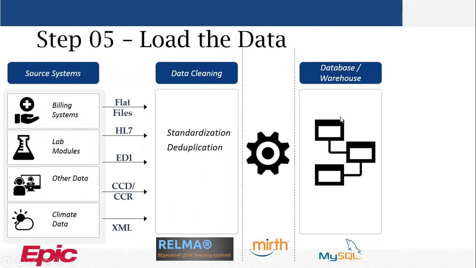You can think of this as different tabs within one Excel sheet. Within an Excel, you have different sheets. One of them is holding billing information, the other is holding lab information, the other is holding any other clinical information. So think of it in that sense. And this Mirth is just moving that data into the specific locations.